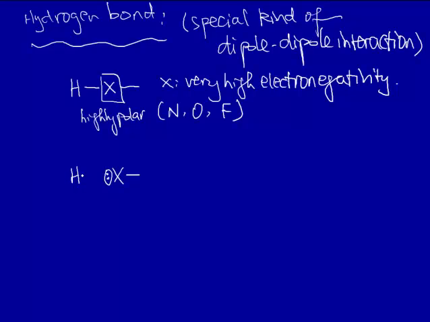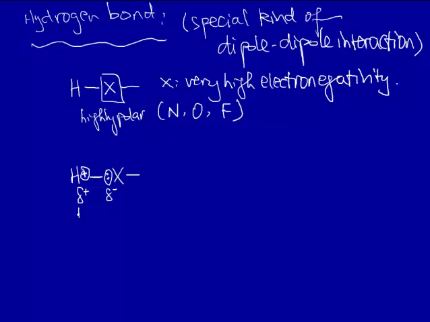So now you have the nucleus, a proton. It's almost a plus. However, there's still a covalent bond because of the pair of electrons. Even though this is very, very positive, this is still very, very negative.